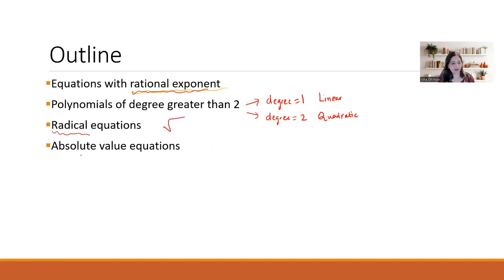And then finally, we'll talk about absolute value equations. The absolute value means introducing the modulus or absolute value of expressions. So there could be x sitting inside the modulus, or there could be a linear factor sitting inside the modulus, and so on. Now let's go through each one of them one by one.